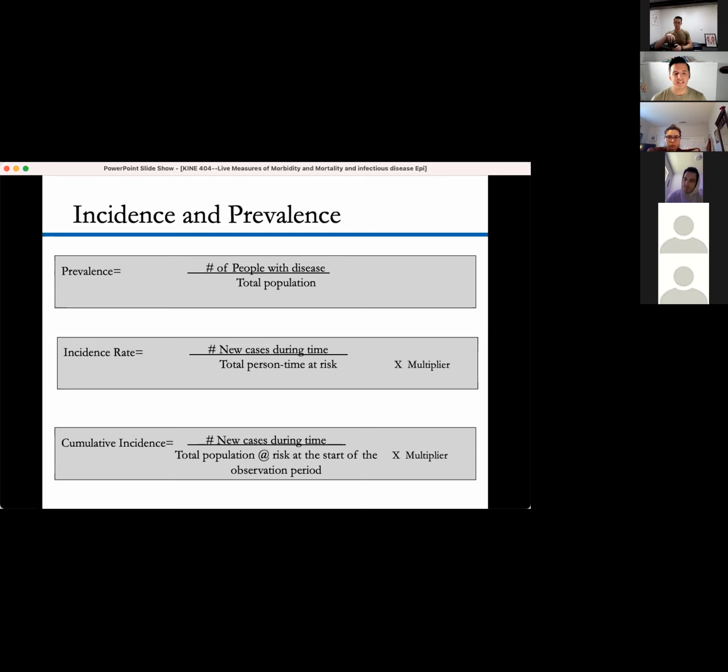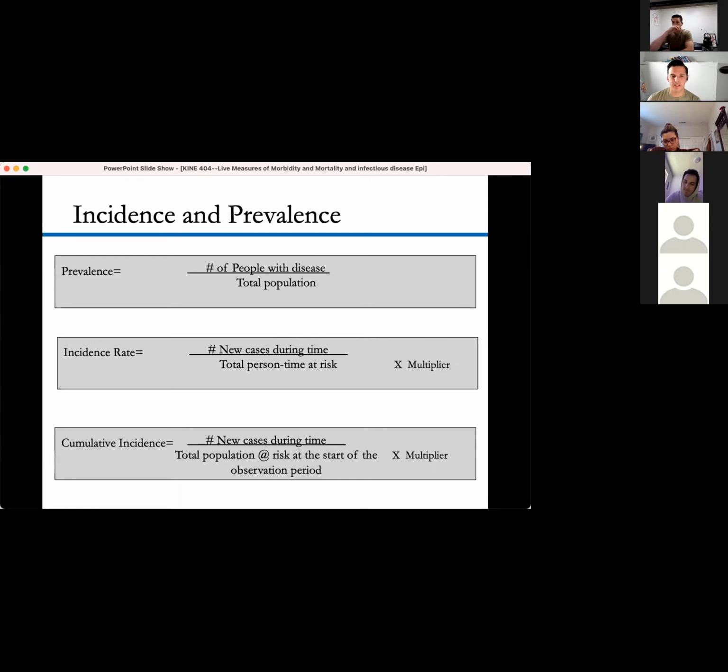Incidence is the number of new cases of disease in a given time period over the total population at risk. There are actually two different calculations for incidence. There's one that we call incidence rate, and another that we call cumulative incidence. For the incidence rate, it gives it to me out of the total person time at risk.